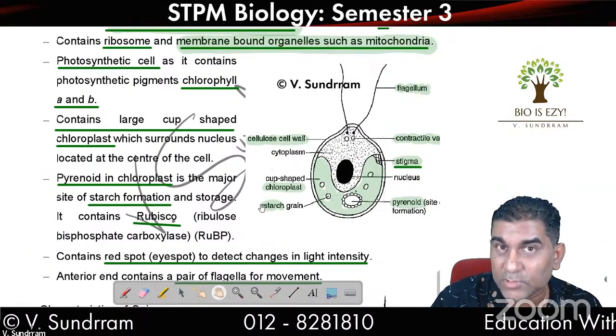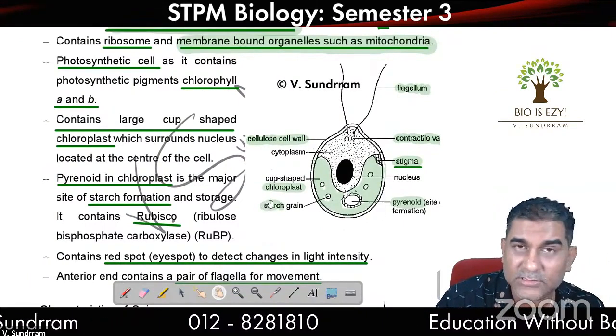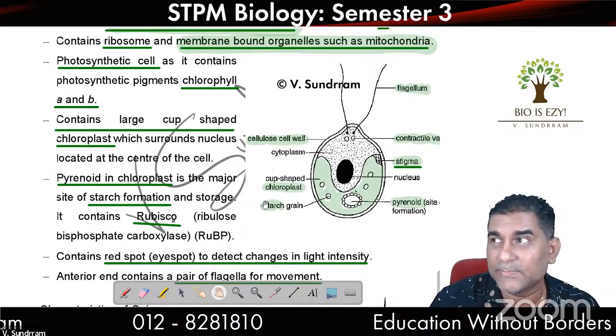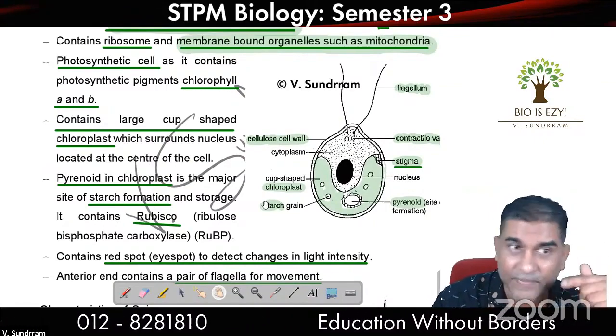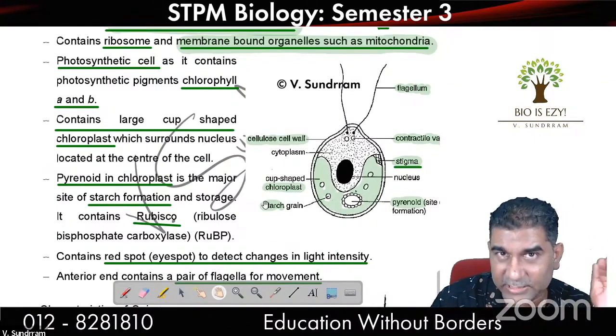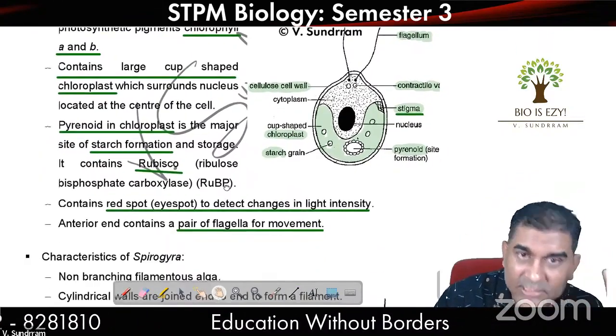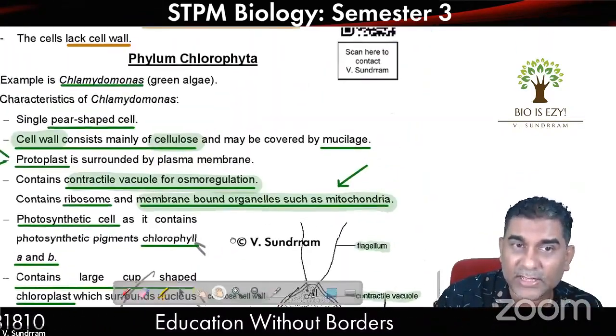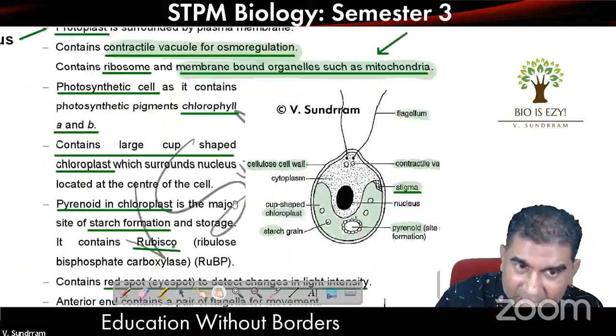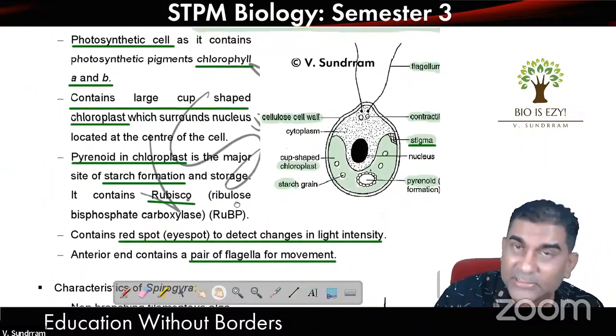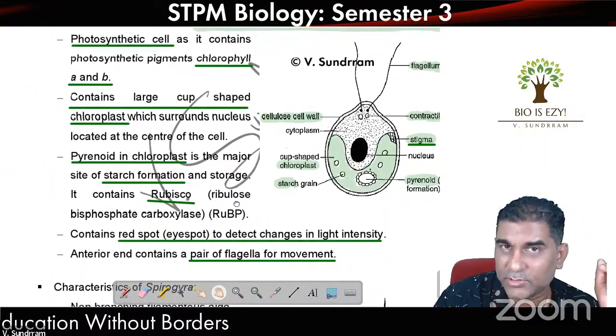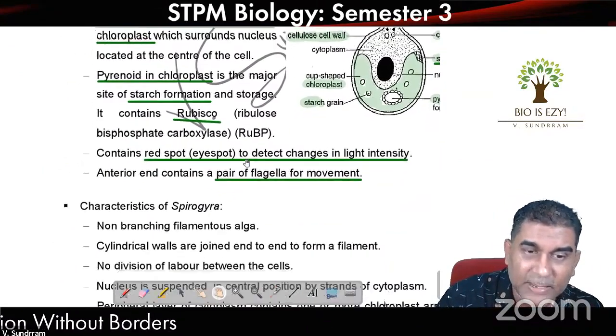Most of the revision books will have it. Just in case we put it in, sometimes we really don't know whether they're in or not. Chlamydomonas is in. But under the same Chlorophyta phylum, there is another example which is multicellular, but they don't have tissue. This is Spirogyra.